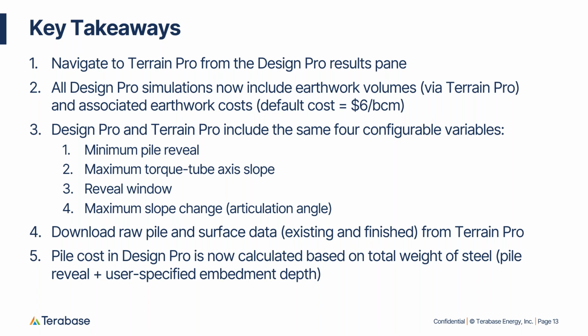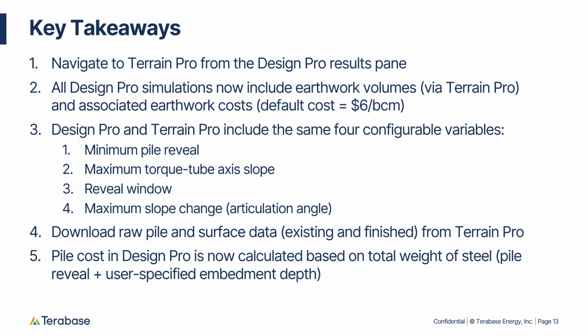Design Pro and Terrain Pro both include the same 4 configurable variables. So minimum pile reveal, maximum torque tube axis slope, reveal window, and maximum slope change or articulation angle.